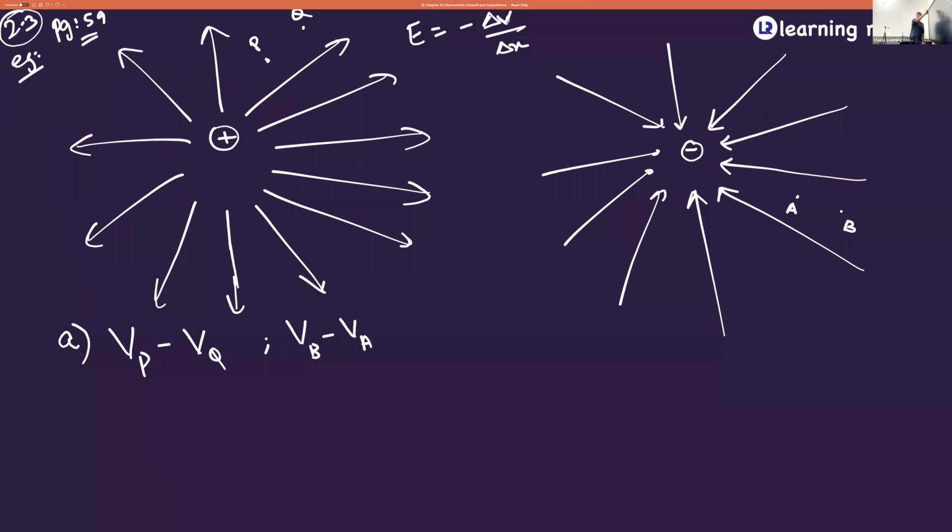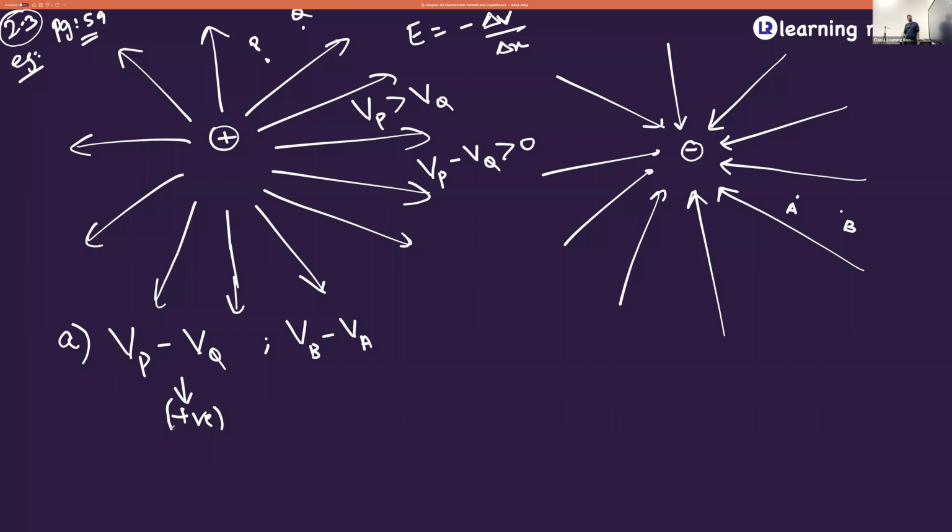So among P and Q, which one should be at a greater value? Obviously, Vp should be greater than Vq, only then the electric field is in the direction of decreasing potential. So if I bring the Vq to the left hand side, Vp minus Vq will be greater than 0, which means it is going to have a positive sign.